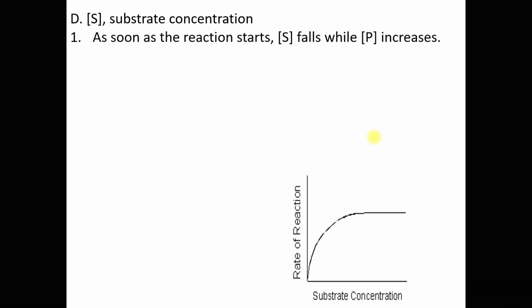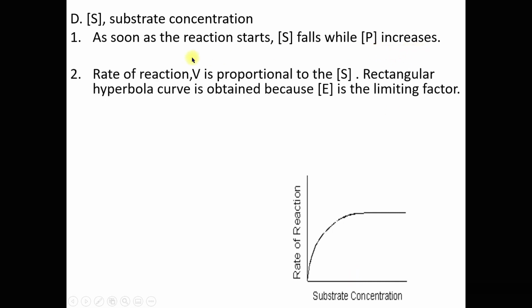Now as soon as the reaction starts, the substrate concentration will fall while the product concentration increases. The rate of reaction or velocity is proportional to the substrate concentration. You can see as we increase the substrate concentration, velocity also increases.